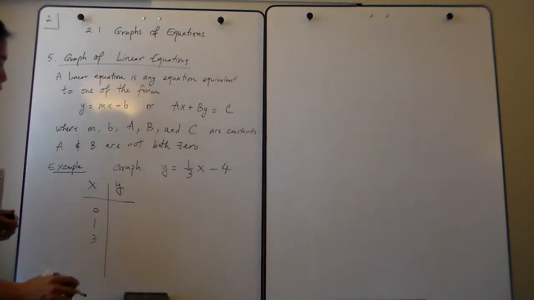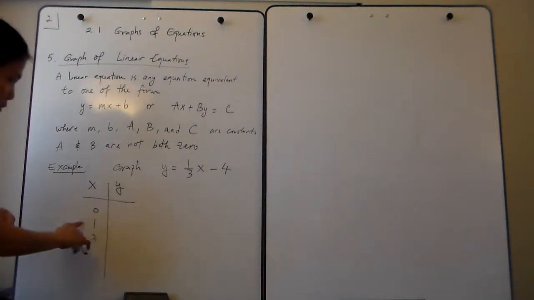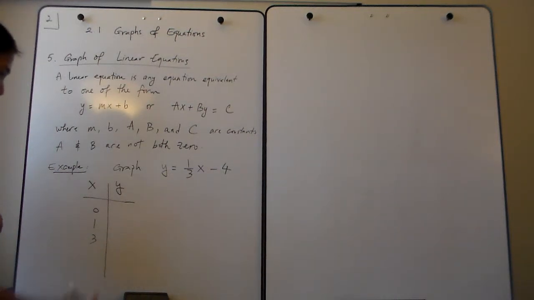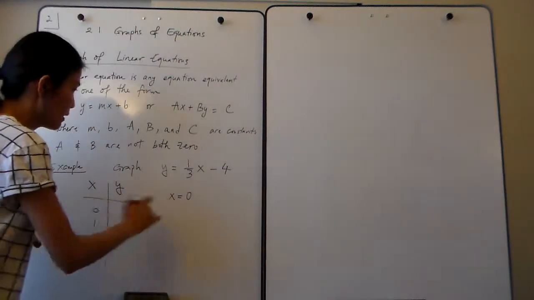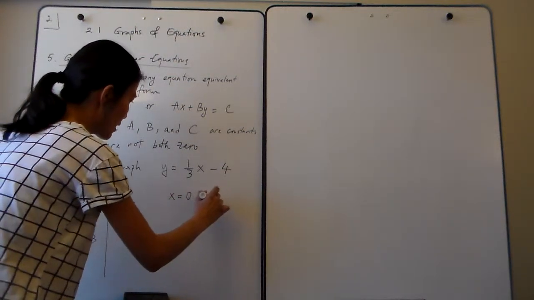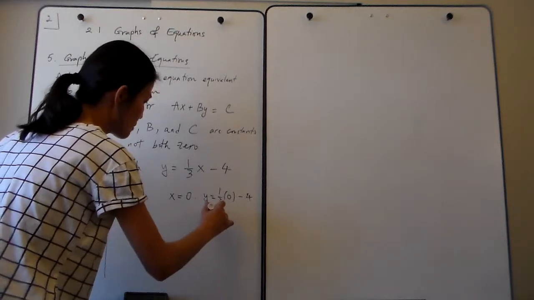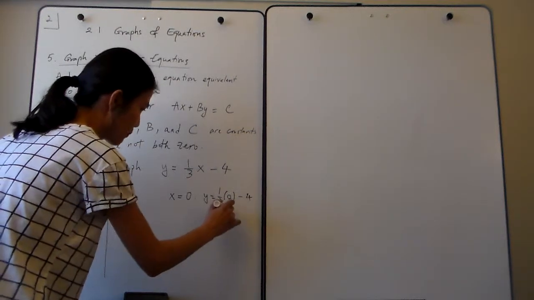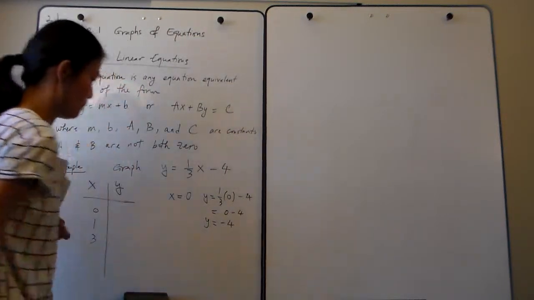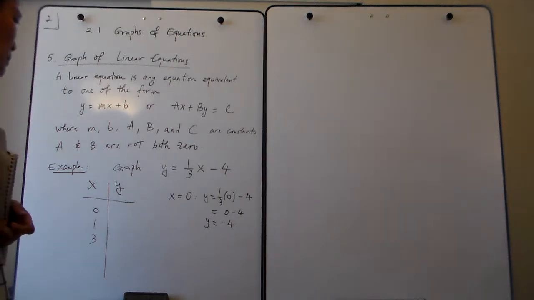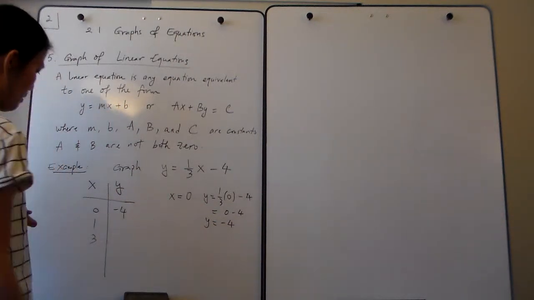Okay? So similarly, we plot by plugging in values here. So let's start with x equals 0. Substitute this into y, we get 1/3 times 0 minus 4. Simplified, 1/3 times 0 is 0, minus 4. So y equal to -4. So when x equals 0, y equal to -4.